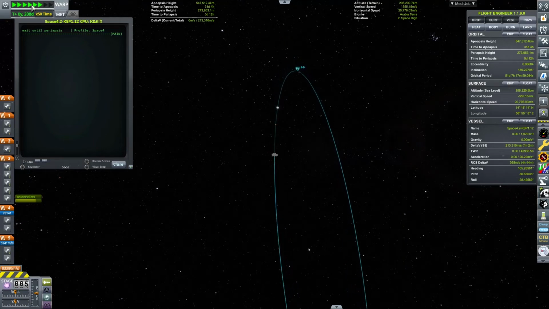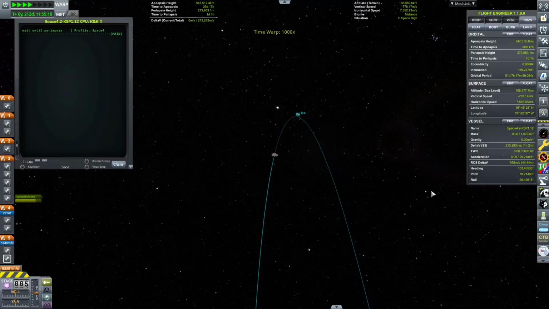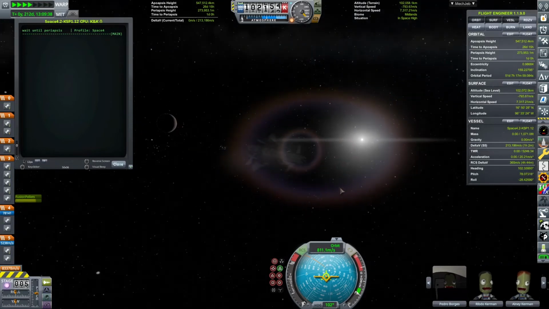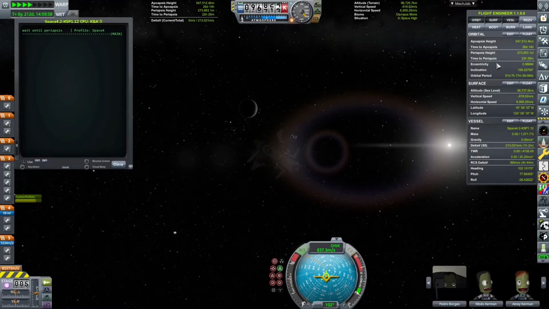Okay, this is an interesting view actually. From here, we can see Mars approaching. Here we see the time still remaining to reach our periapsis, which is the lowest altitude point that our orbit has right now in relation to Mars, of course.